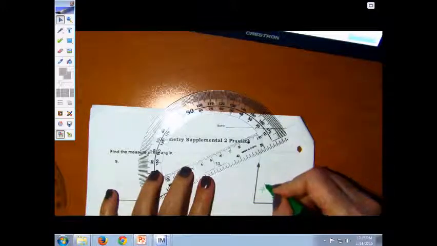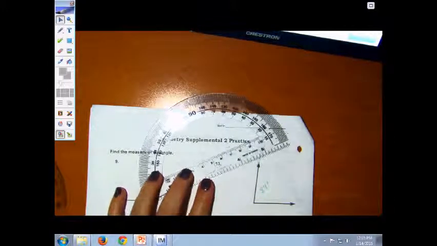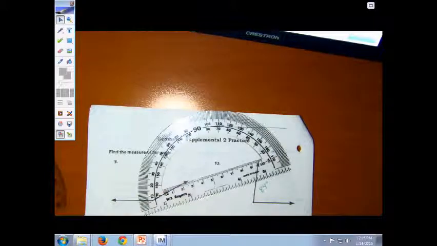Now, if you said 83 or 85, I'm not going to count that off because it's close enough. Maybe the line didn't get drawn exactly the same. We're talking 1 degree. But if you said 90 or 60, if you're far off, then it would be an inaccurate measurement.